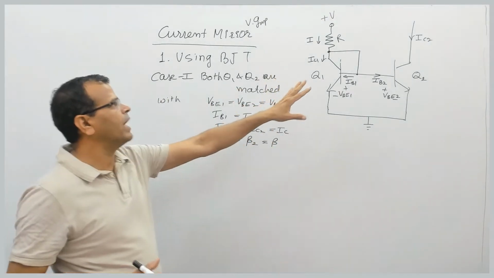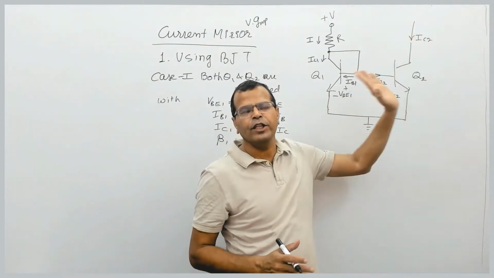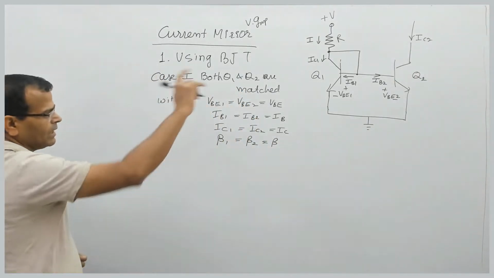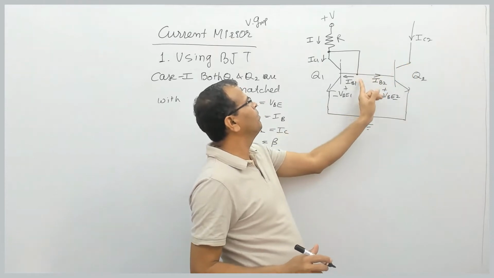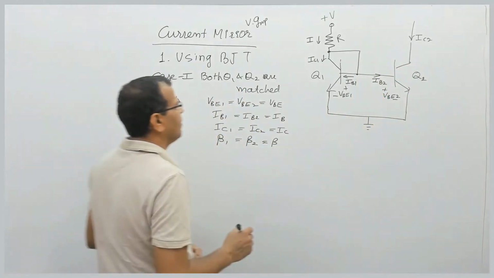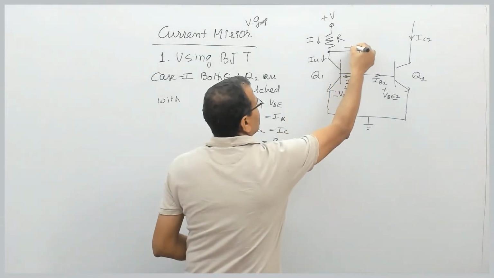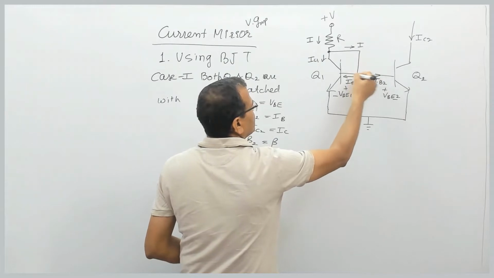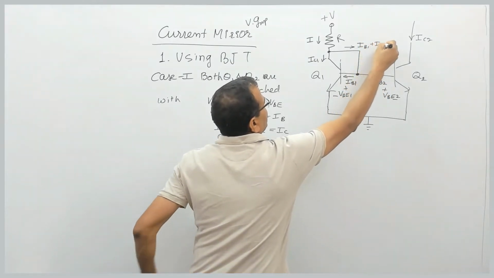Fine. So these are some assumptions we are carrying with us. For finding out the expression of this current, I will be finding the expression of this current IC2, that is the collector current of Q2. Now let us see it carefully. What is the base current of Q1? Here, what is the current in this part? That is IB1. If you apply KCL here, the current here will be this plus this. So that is IB1 plus IB2.